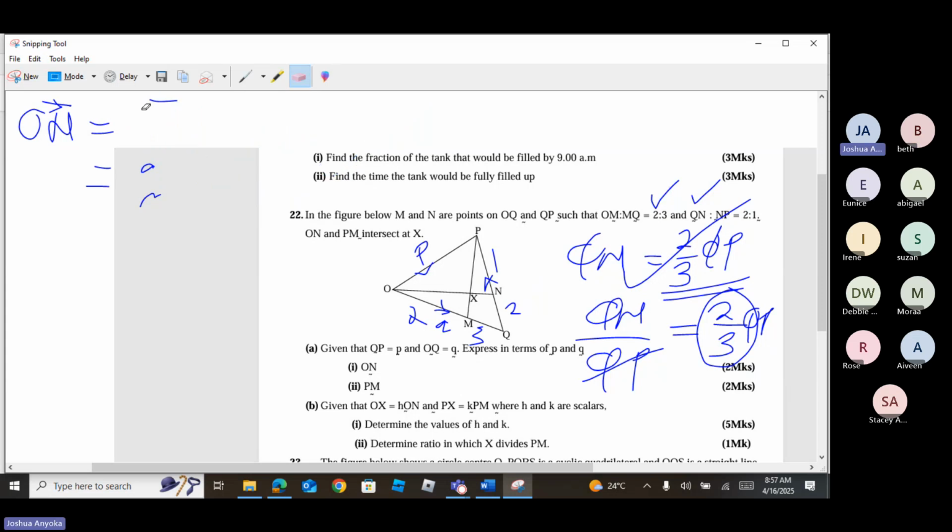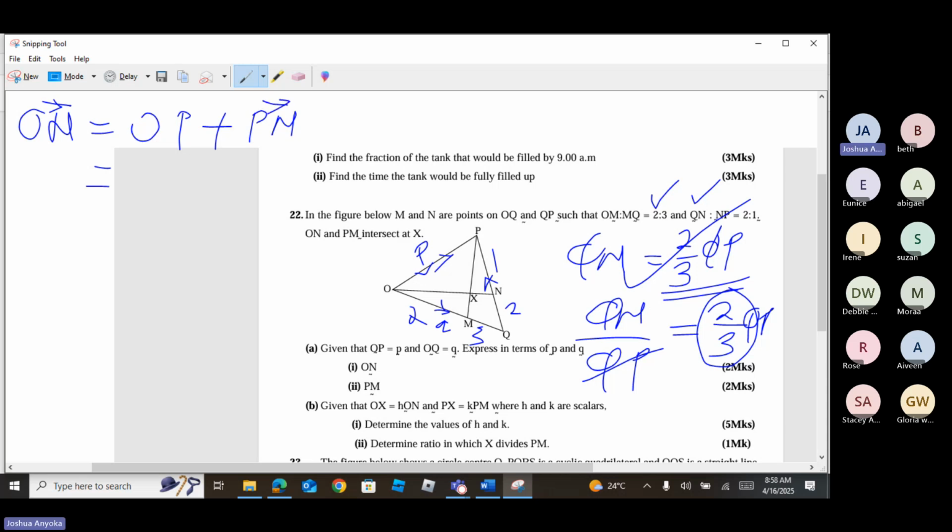Sawa. Let's now see, the vector we are finding is ON. For us to find vector ON, we need first of all vector PQ. Tutafute vector PQ kwanza. ON, our direction is this one. ON will be equal to OP plus PN.